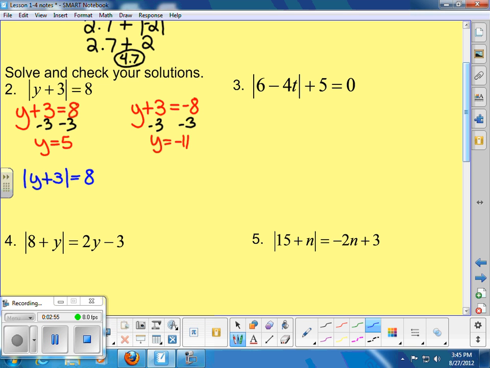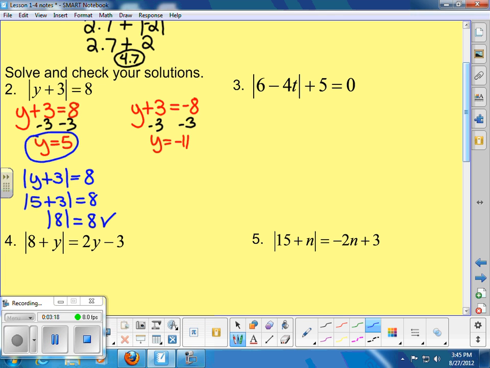In this case, that's substituting into the absolute value of y plus 3 equals 8. We end up with the absolute value of 8 equals 8, which is true. So that implies that this solution of y equals 5 is one of the solutions.